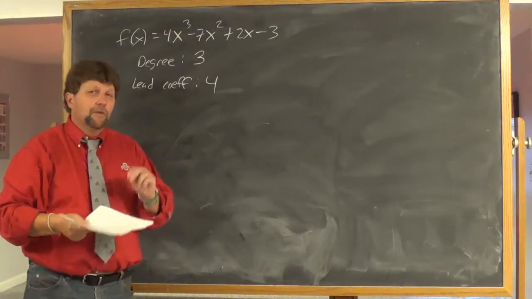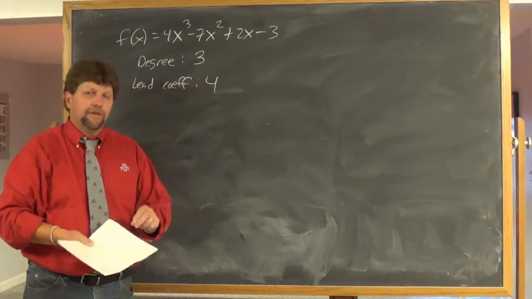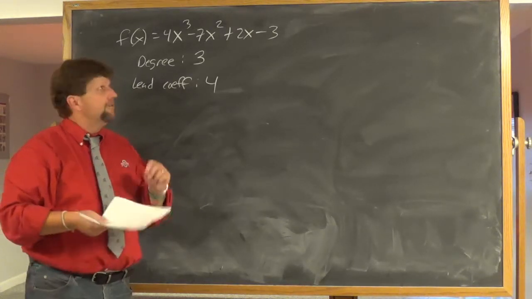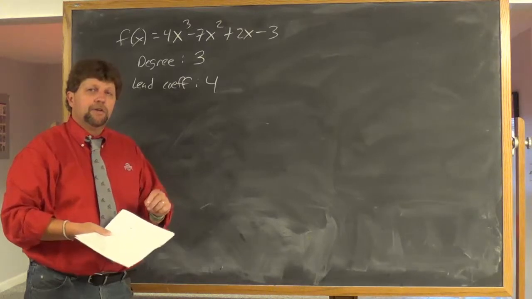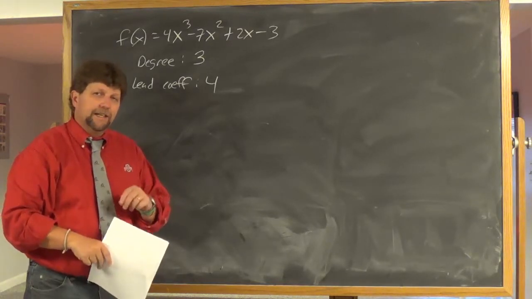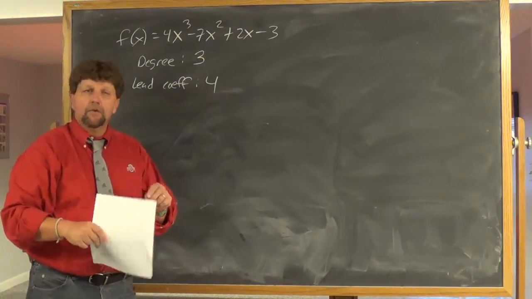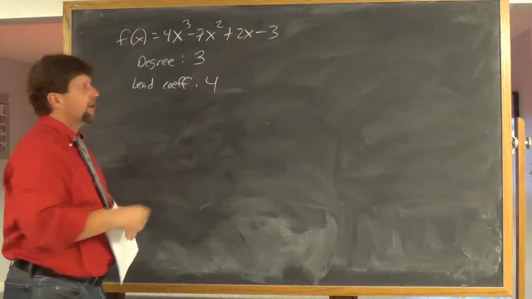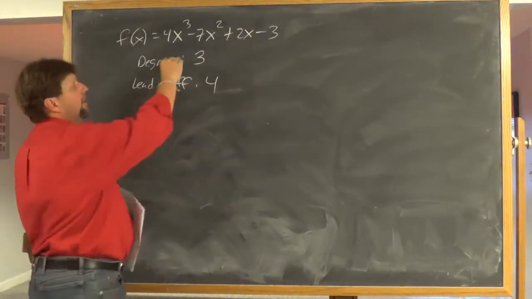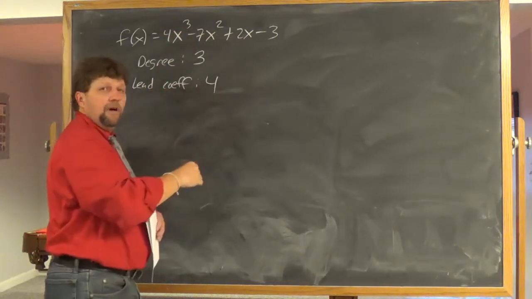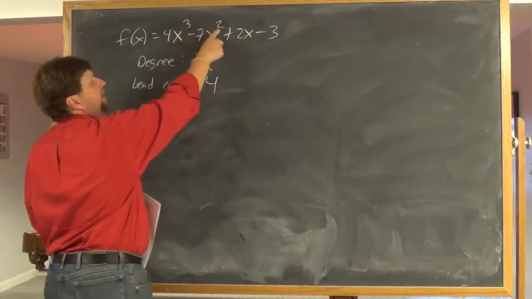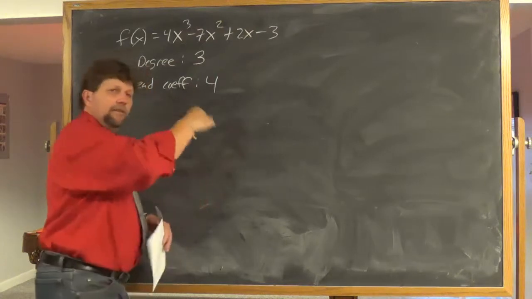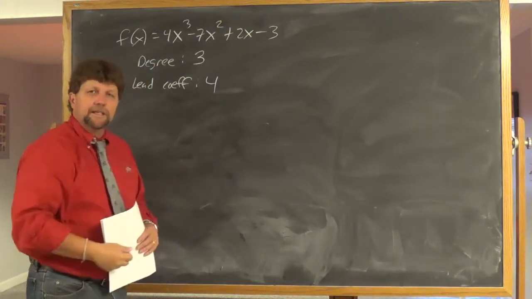Leading coefficient will be the first coefficient you see if and only if your polynomial is written in what's called descending order. This polynomial is written in descending order. The exponents are going from large to small. Exponent of 3, 2, 1. They're stepping down. That's descending order.